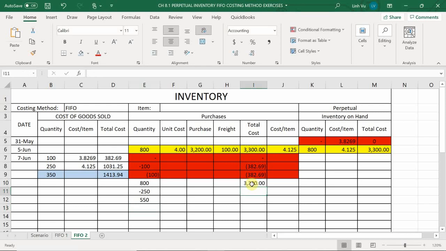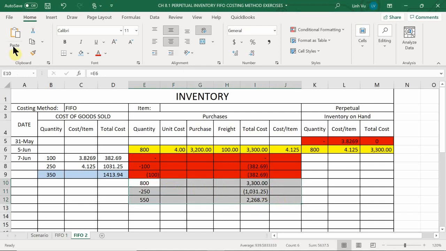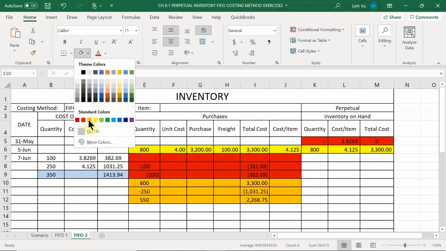We're going to carry down that I have 3,300 minus this 1,031.25 gives me a total remaining left of $2,268.75. Good.